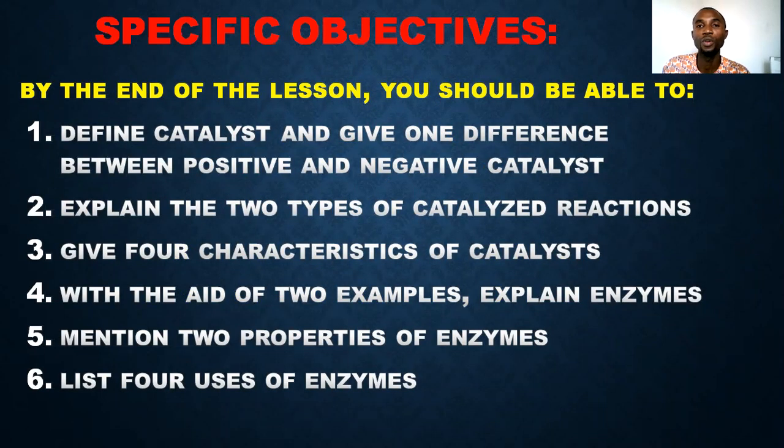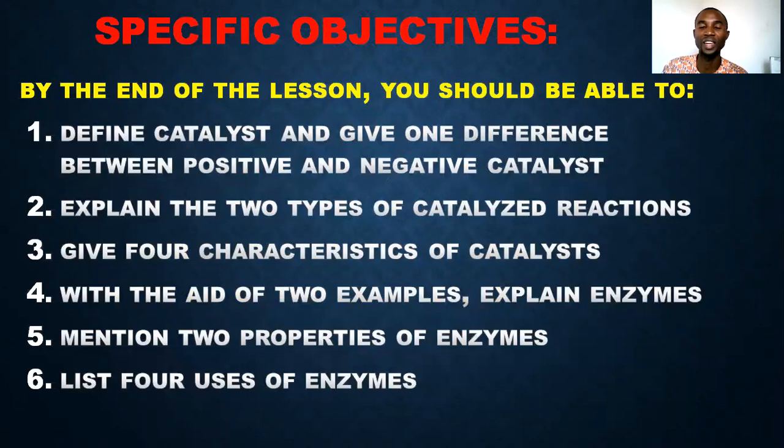Number two objective we are to achieve by the end of this class is that you should be able to explain the two types of catalyzed reaction. Then another one is to give at least 4 characteristics of a catalyst. Number 4, you should be able to, with the aid of examples, explain enzymes.